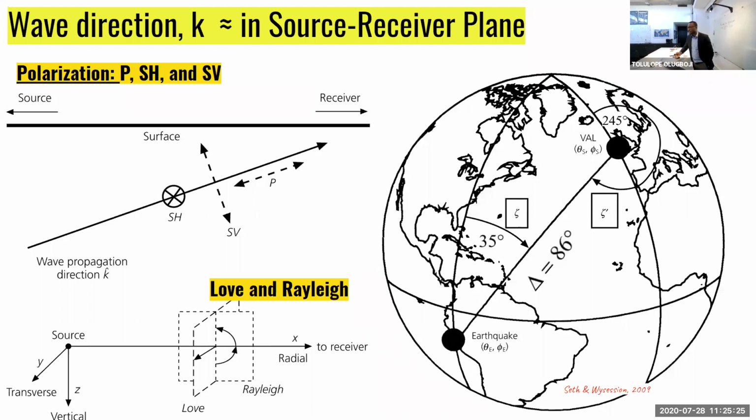It will get to a point inside the Earth where it reaches a post-critical incidence angle, and then fully reflect inwards, right? But at every point along that path, the SH is always orthogonal to the wave direction. And that's the way you kind of keep that in mind. Is that helpful?